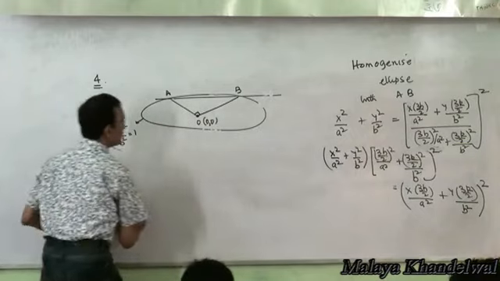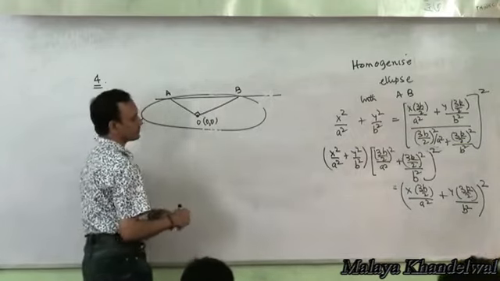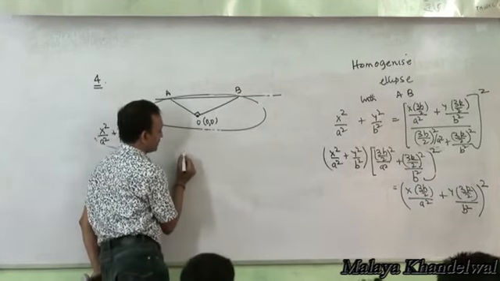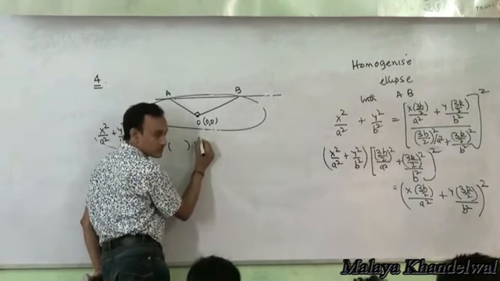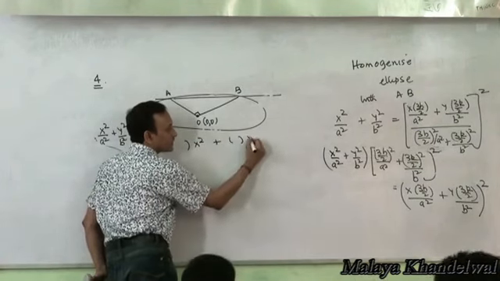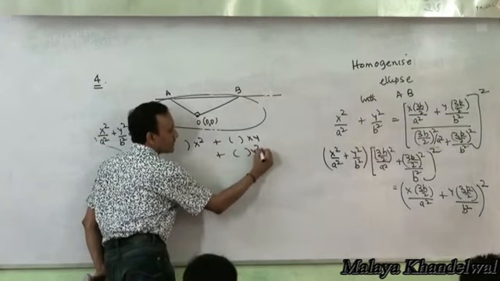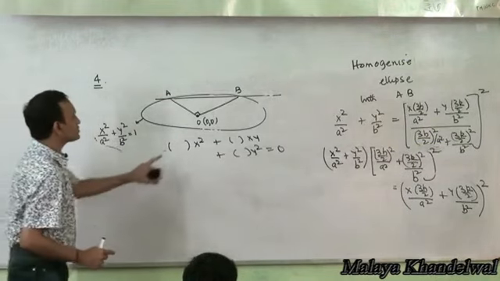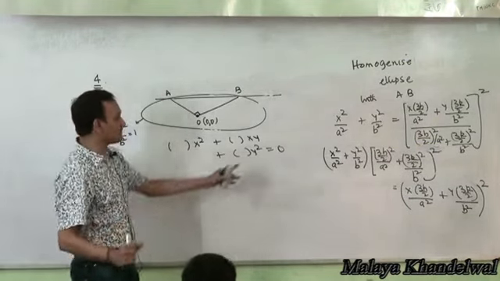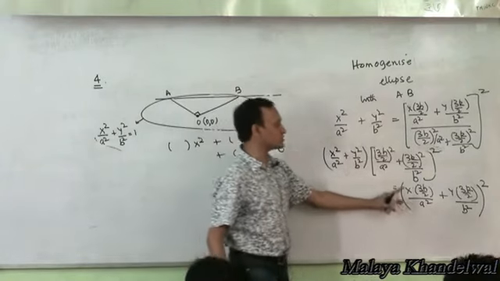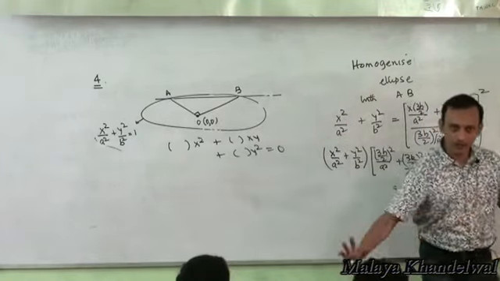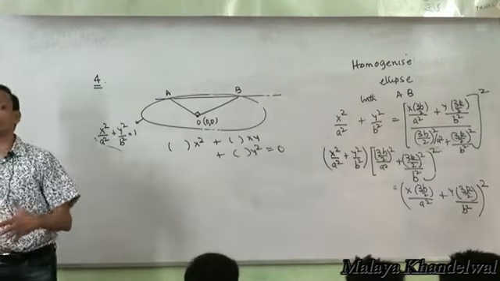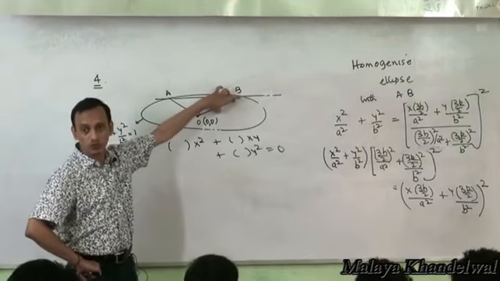When I consolidate terms here, I would get terms of the following kind: something into x square plus something into xy plus something into y square equal to 0, which is the combined equation of OA and OB. There will be x square terms, y square terms, and an xy term. That's all, right? There would be no other term, which is a homogeneous second degree equation in x and y representing pairs of straight lines OA and OB.